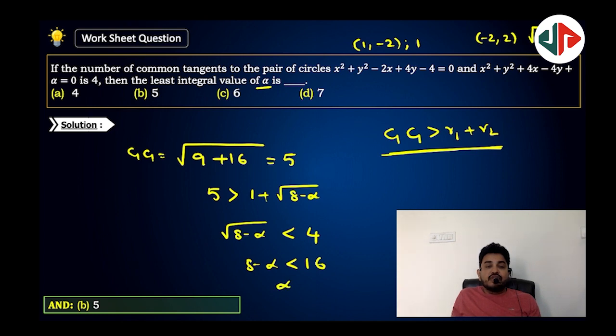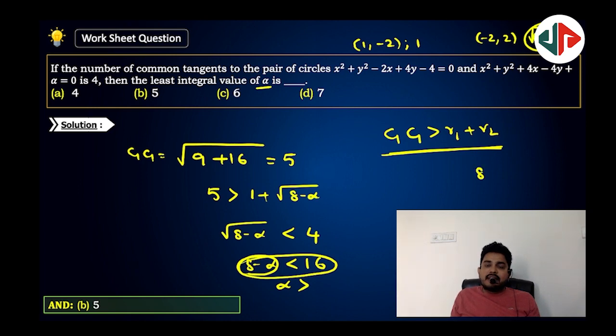So alpha should be greater than, okay, alpha can be anything. But because of 8 minus alpha, here 8 minus alpha has to be positive.